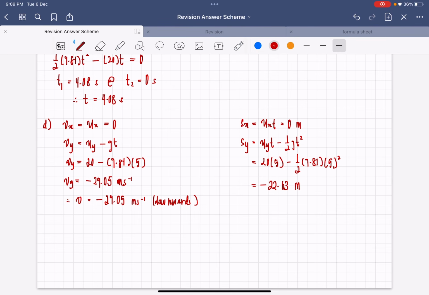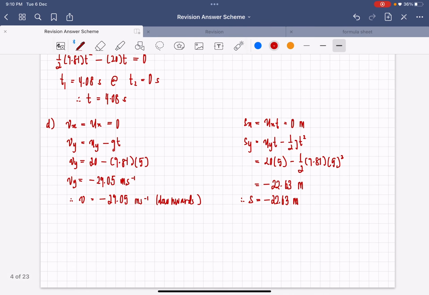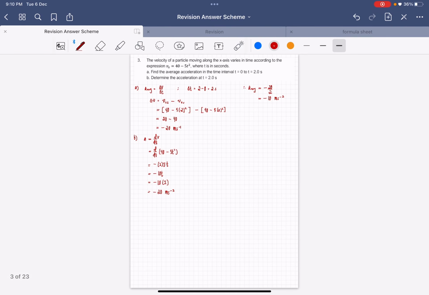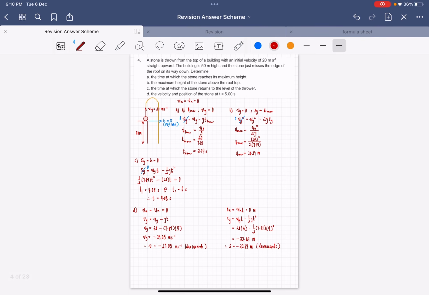Again, you can just let s equal to negative 22.63 meter, or remove the negative and write downwards. But if you want to write both negative and downwards, it's actually not really a problem. Alright, so that is question 3 and question 4.